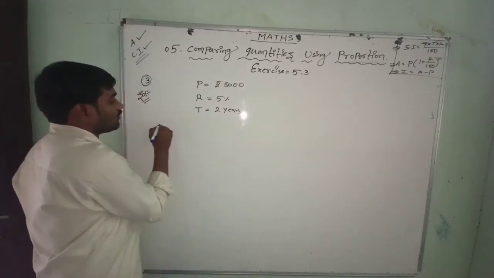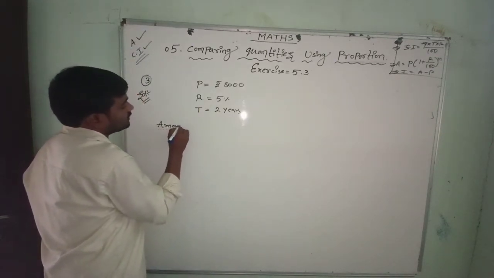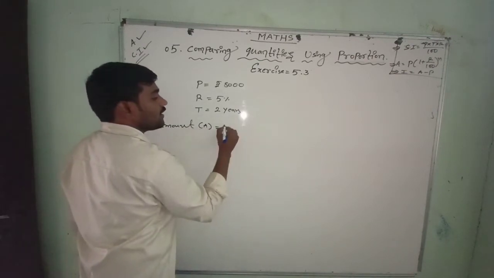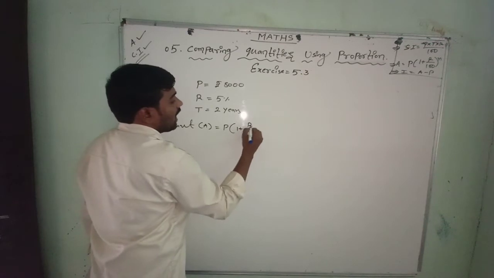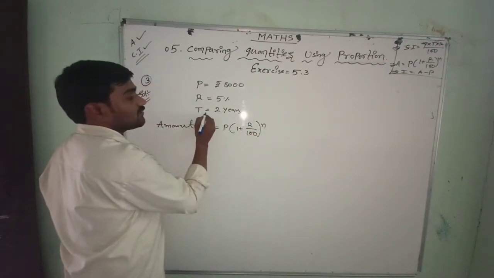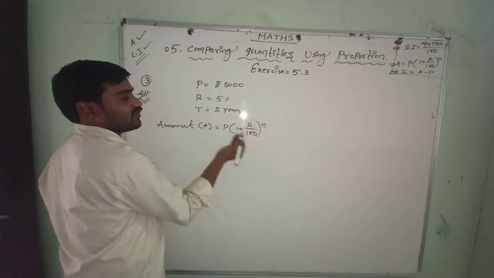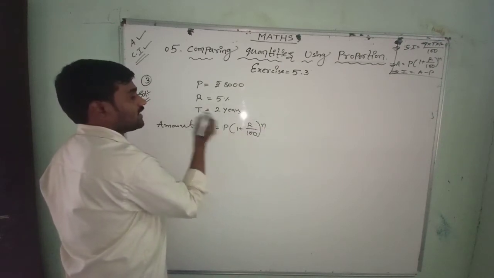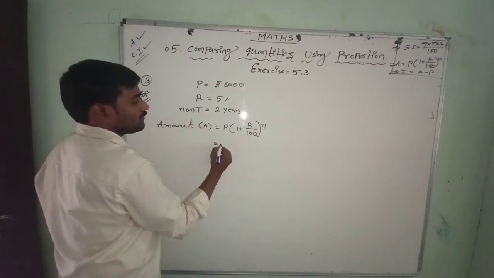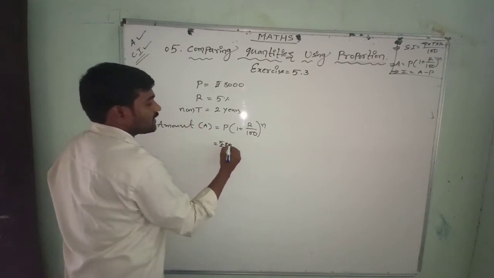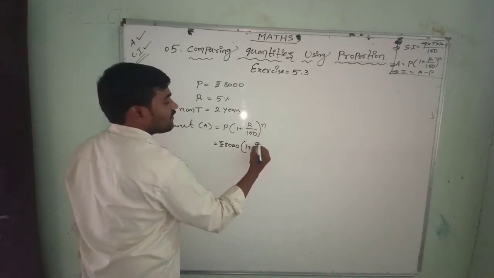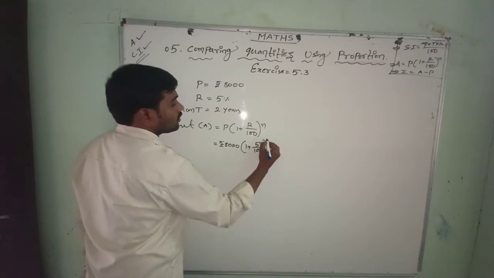Now we find out the amount. First, the amount formula. Amount A equals P of 1 plus R by 100 whole to the power of N. Here T is nothing but the number of years. N is nothing but the number of years. So both are the same. T or N equal to 2. Let us substitute here P, that is 8,000 rupees, into 1 plus rate of interest 5 by 100 whole to the power of 2.